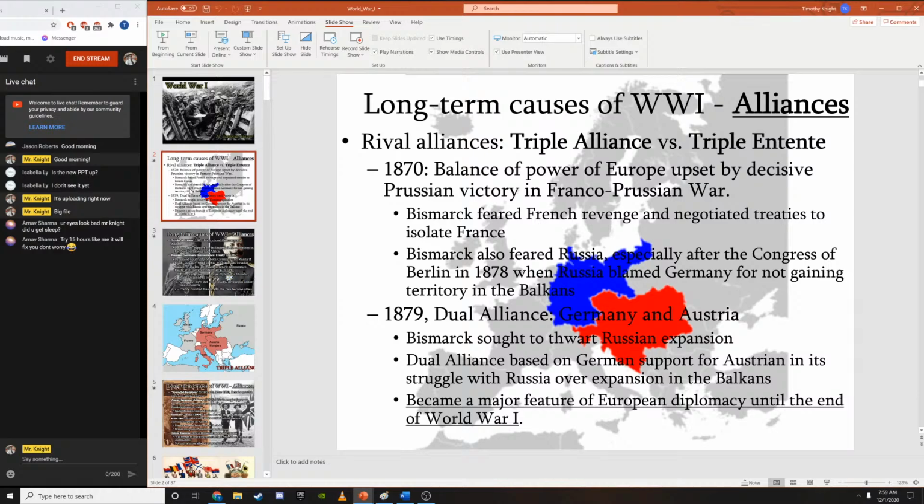And what ends up happening is that he makes a deal with Russia to try to isolate France, and then also makes a deal with Austria, who the Germans had actually defeated in a different war back in about 1865 or something like that, 1863 maybe. Okay, and in 1879, Germany and Austria developed this.